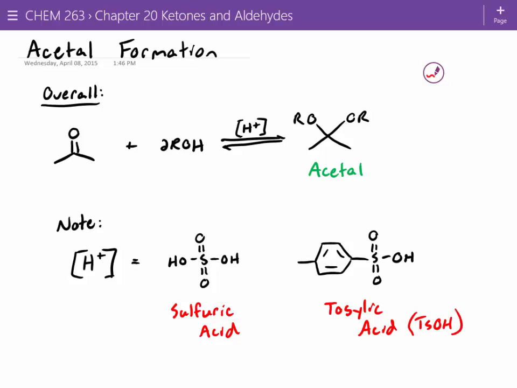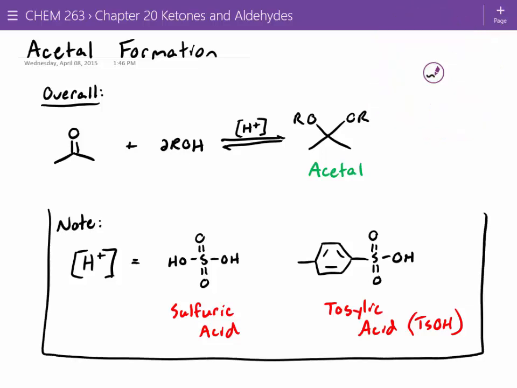So we've seen tosyl chloride used as a protecting group. If you change that chlorine with an OH, it becomes tosylic acid, and it's actually a pretty strong organic acid. So these are both occasionally used for the acid catalyzed reaction. You need very, very little of them. You just need enough to do that initial protonation step because we regenerate our catalyst in each of these reactions.